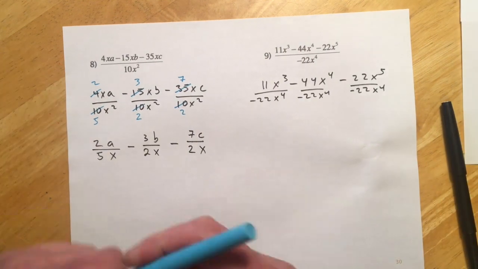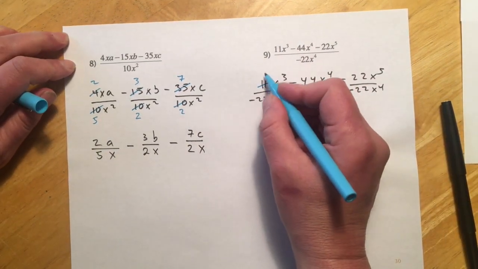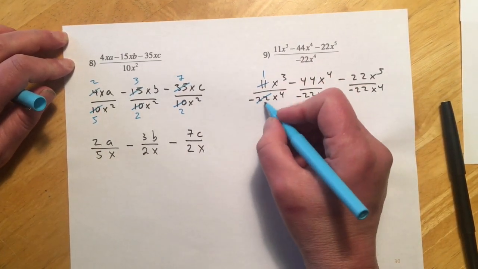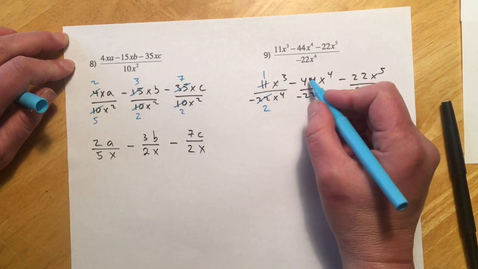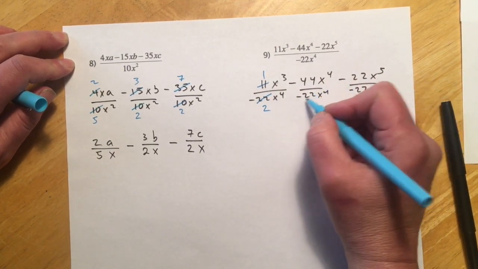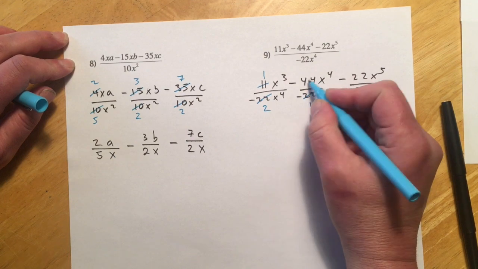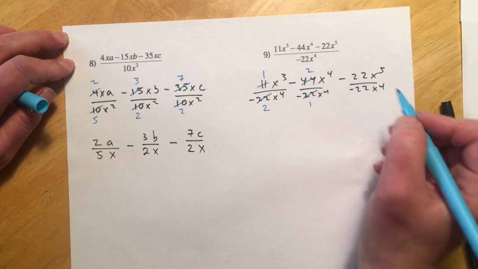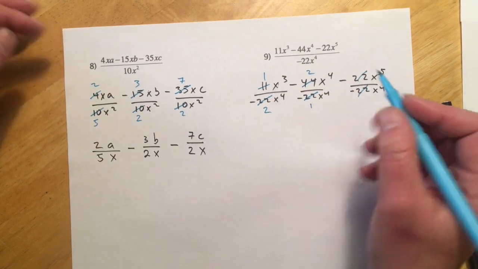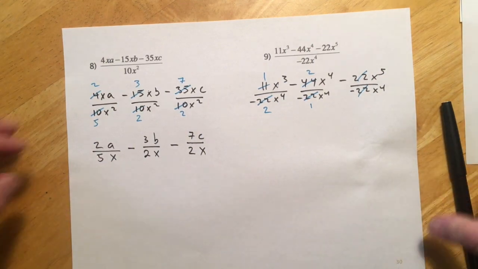Over here, so 11 goes into 11 once, 11 goes into 22 twice, 44 and 22, so 22 goes in 22 once, 22 goes in 44 twice, and then these are going to end up canceling. So let's see what that leaves.